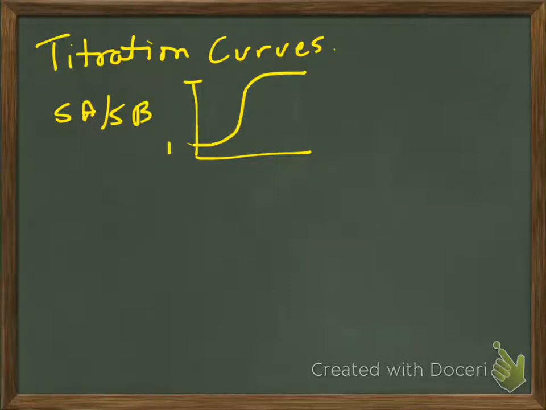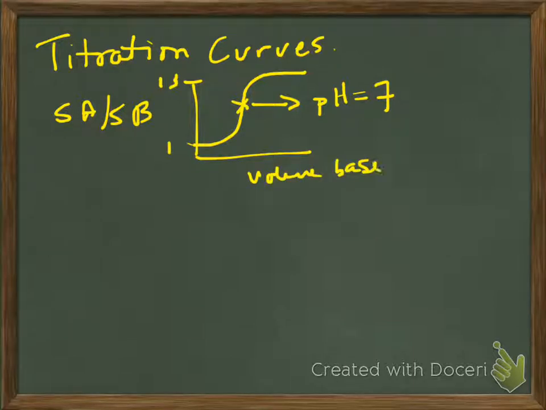This will be a pH of about 13. The pH at the endpoint will be 7. That is true for all strong acid, strong base titrations. The curve is the volume, typically of the base added, but it can be the other way. So this definitely is the base added, and this, of course, is your pH.